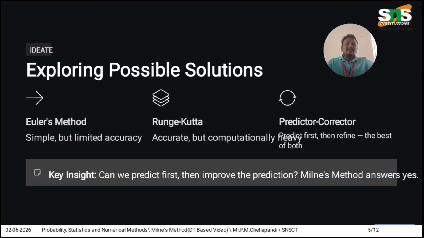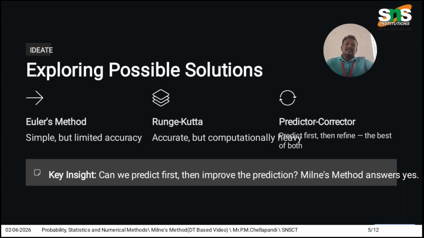In the next slide, we are going to discuss the ideate part. At this stage, we think about the possible solutions. The first method is Euler method. Euler's method is simple and easy to apply. However, its accuracy is limited. The second method is Runge-Kutta method. Runge-Kutta provides high accuracy, but it requires more calculations.